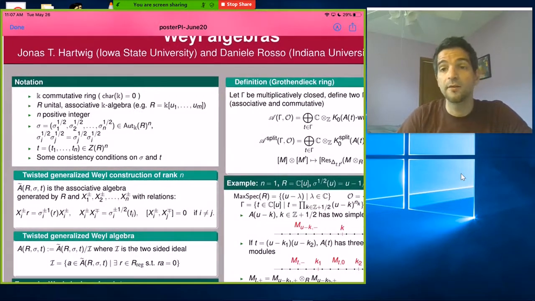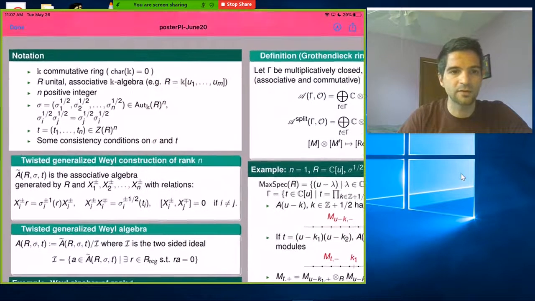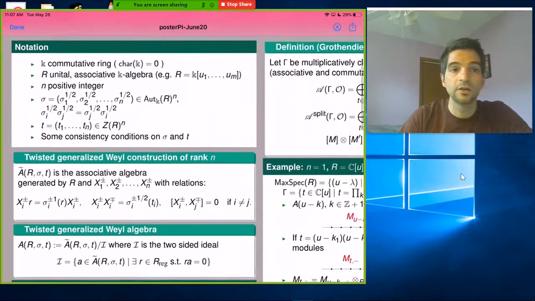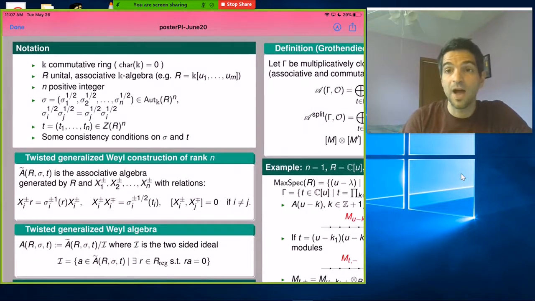This is a family of algebras that are defined by generators and relations starting from certain parameters. So triple parameters R, sigma, and T, where R is a ring, usually a K algebra, so for example, a polynomial ring.